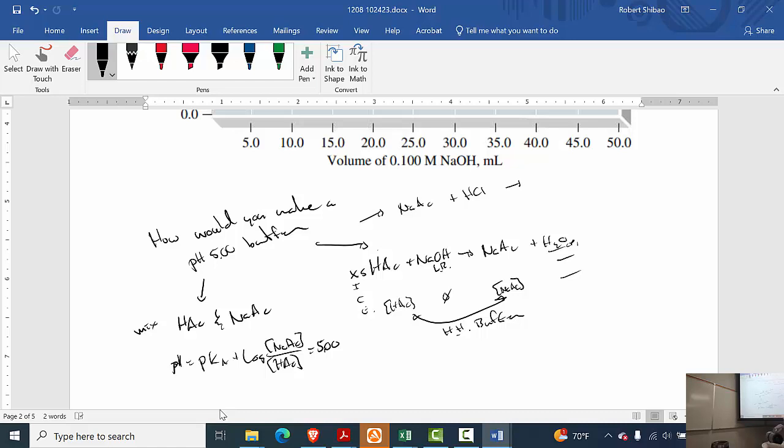So this is another alternative. As long as we have excess sodium acetate in this case, and HCl is the limiting reagent, then we're going to end up with an HH buffer.